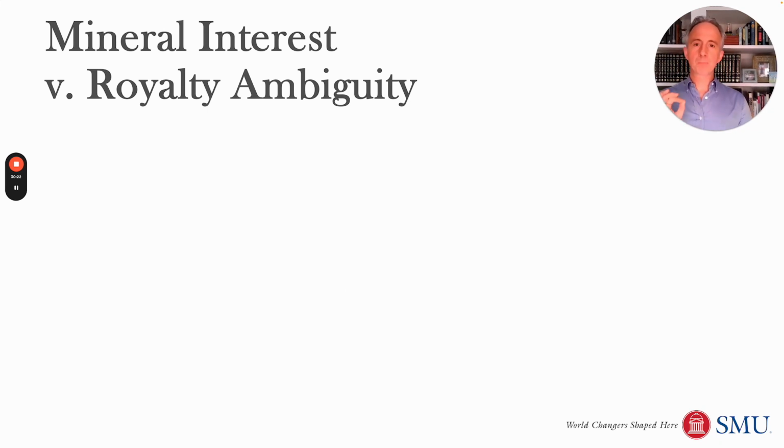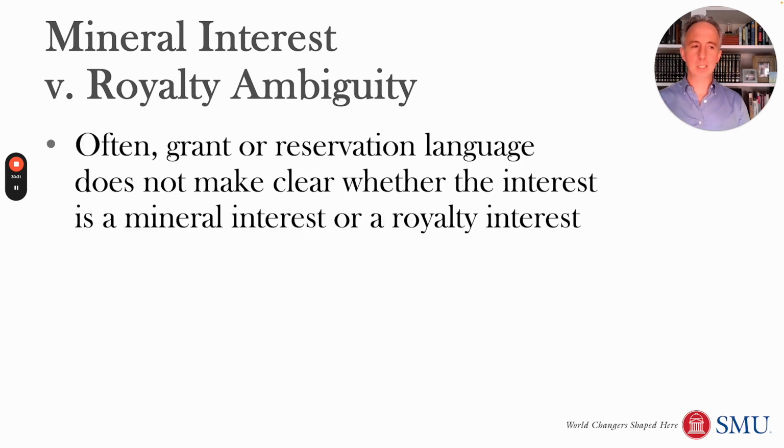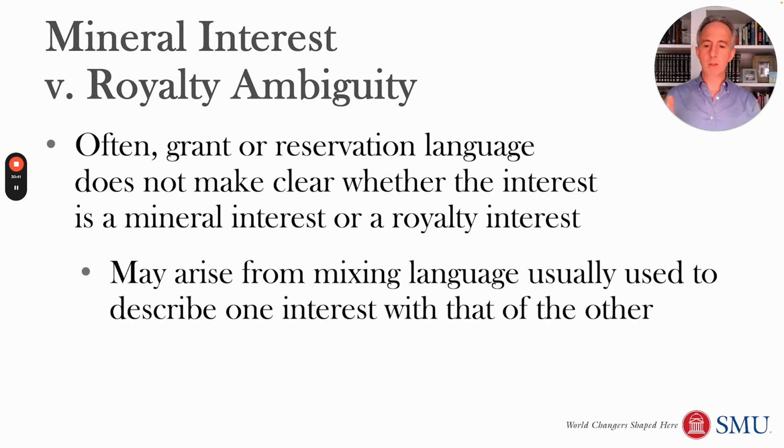Okay, so if you can use the sort of basic language that shows something to be a mineral interest or a royalty, why do the cases get so confusing, as you may have noted from the reading? Well, first, sometimes that grant or reservation does not make clear, doesn't use that typical language, whether it's a mineral interest or a royalty interest.